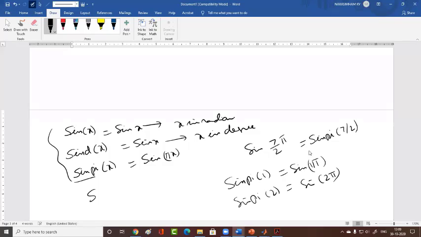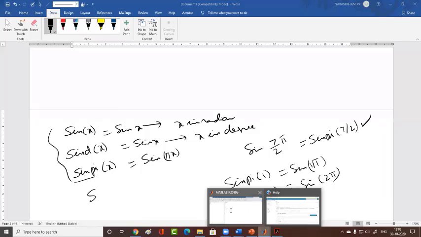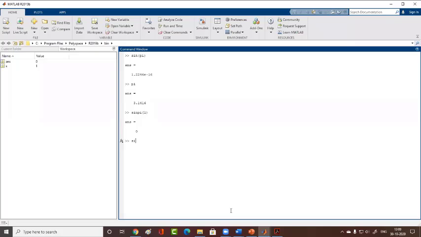So in a similar way, we can find sinpi of 7/2. This value is the same as sine of 7 pi by 2, which is the same as -1.